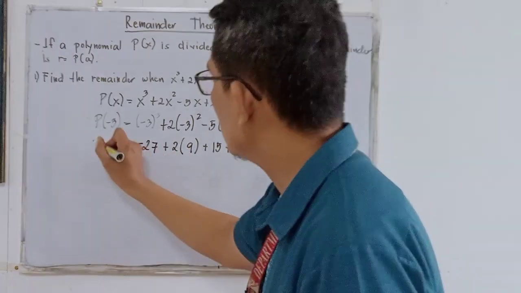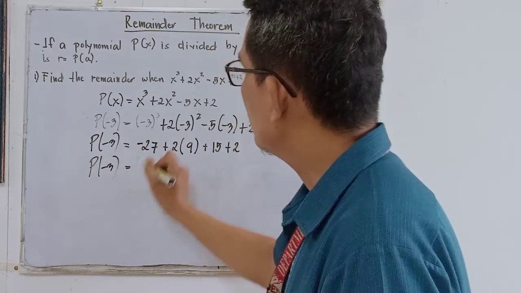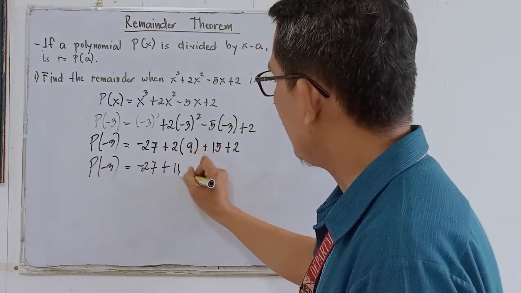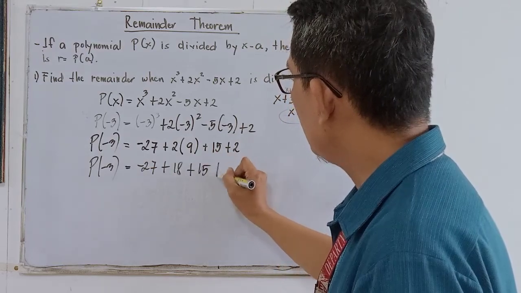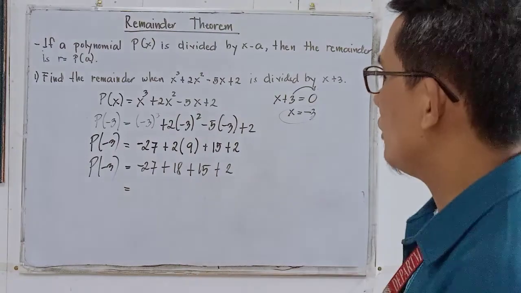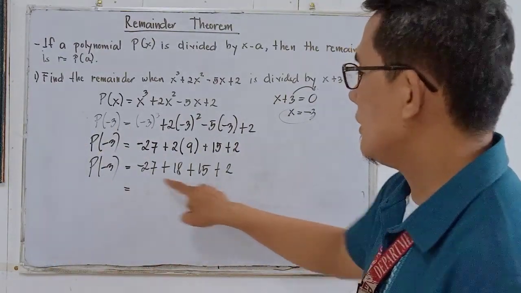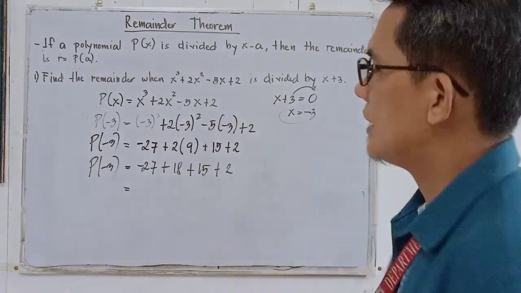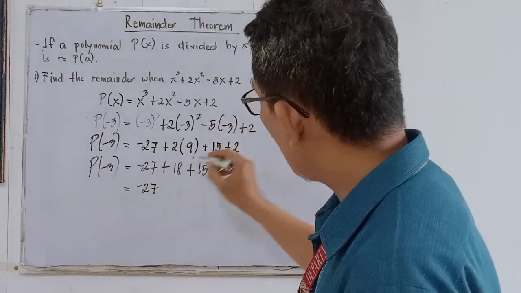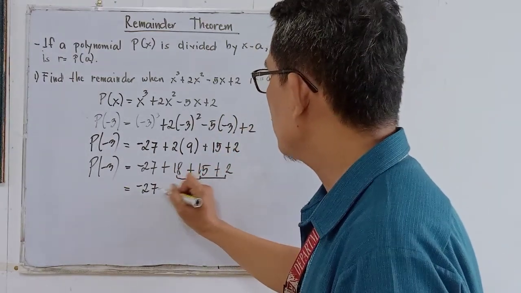So this is negative 27, 2 times 9 is positive 18, plus 15, plus 2. Now, we can solve this left to right, or we can combine all the positives, then subtract 27.